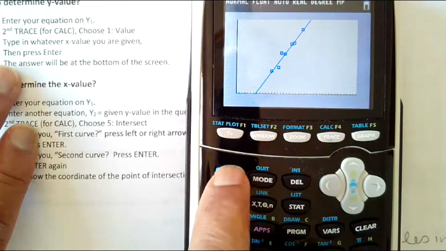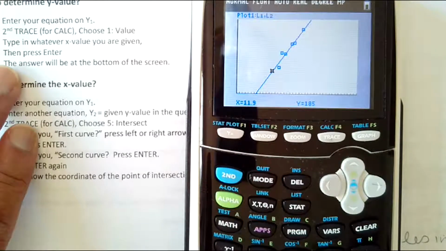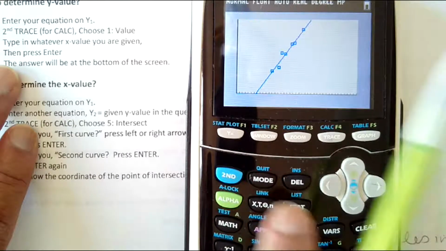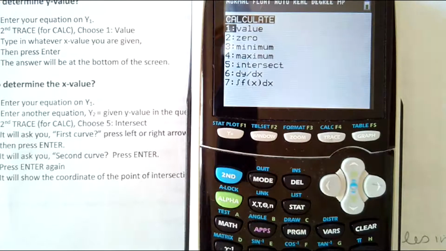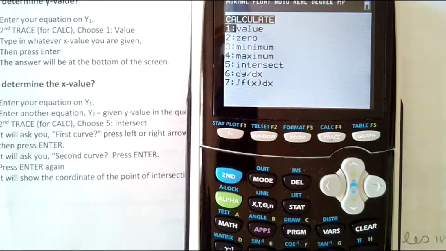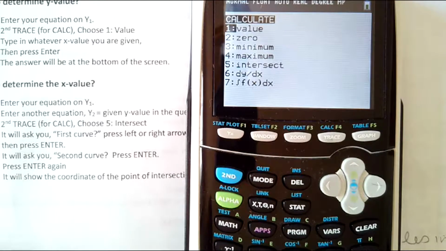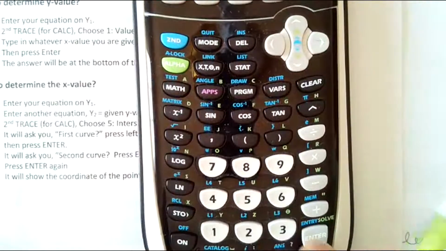So second, trace, second trace, and you'll come up with a screen here. We'll choose one, and press enter by pressing my enter button down here.